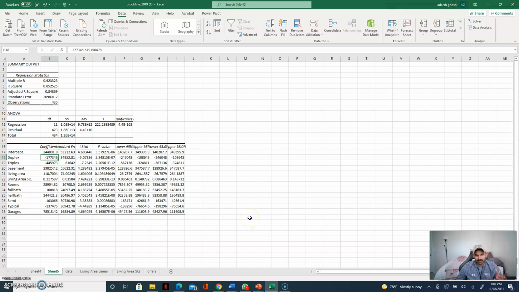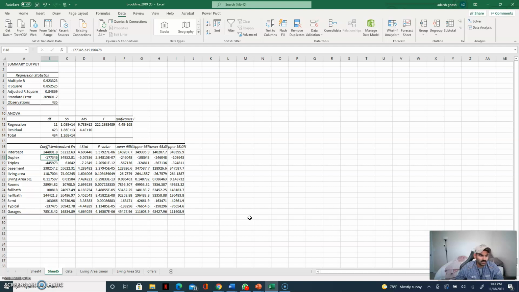So that's typically how you interpret these coefficients. Make sure you have the right unit. So again, the coefficient here is saying the effect of my property being a duplex, holding all else constant, is a lower price of $177,346. So that is my answer for A.